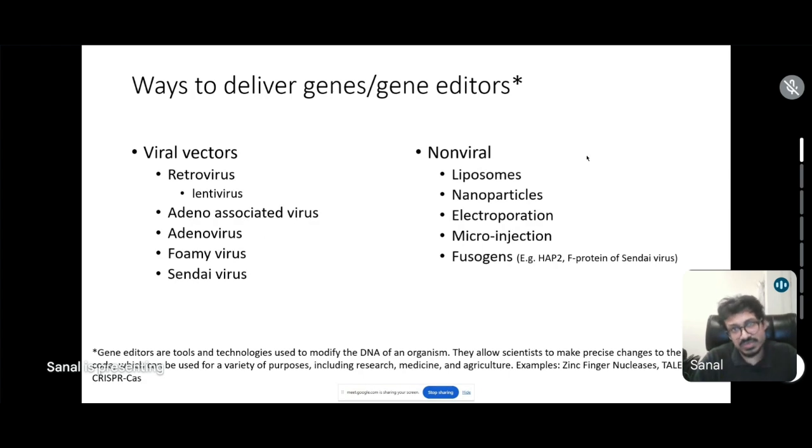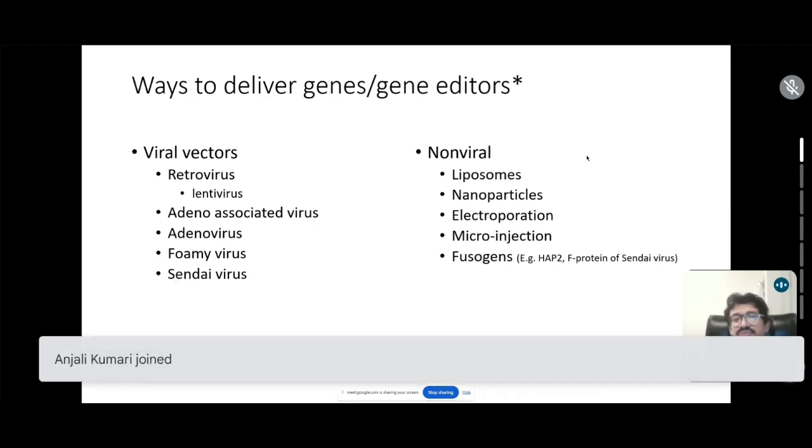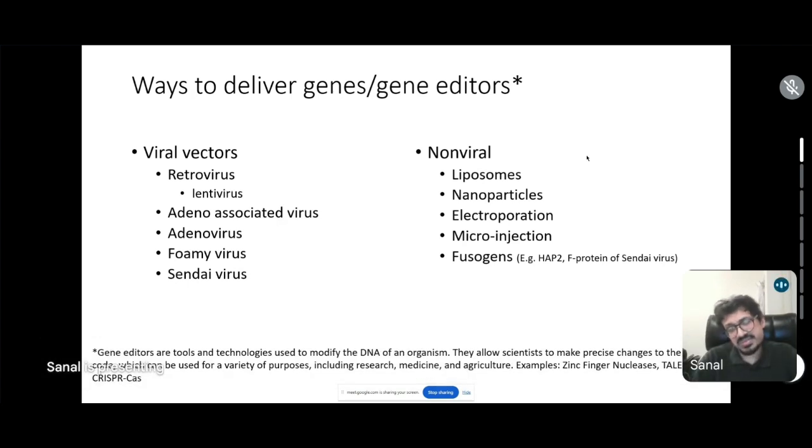And the non-viral methods include, as many of you know, liposomes, nanoparticles, electroporation, microinjection, and fusogens. Fusogens are generally proteins or non-protein molecules which induce fusion of a cargo with a cell. You can also use exosomes, for example.